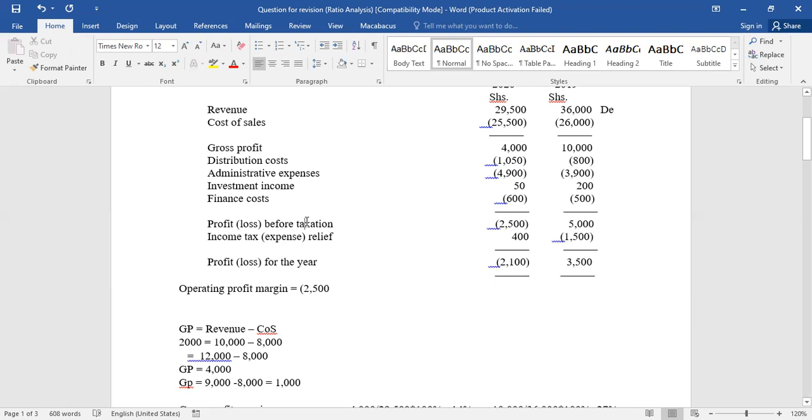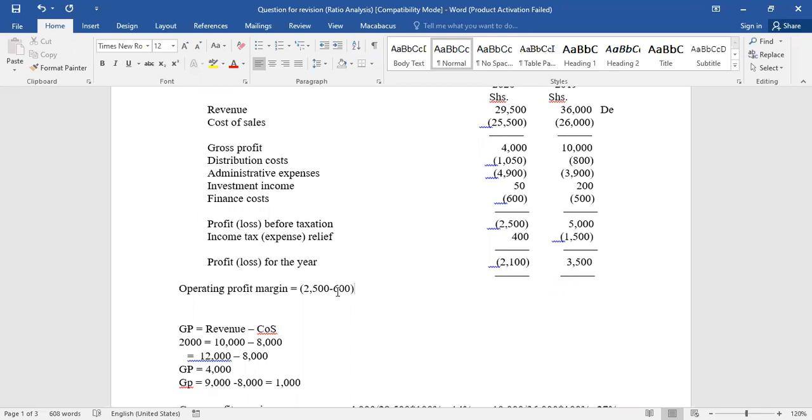So if you're removing it, you're supposed to add back so that the profit is restored to a higher figure where the expense was not deducted. But because this is a loss, the loss can only reduce whenever you remove the expense. If it was a profit, it would increase whenever you remove the expense. I hope we are together. Feel free to ask in case you don't understand.